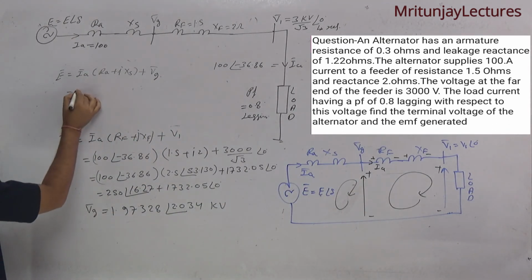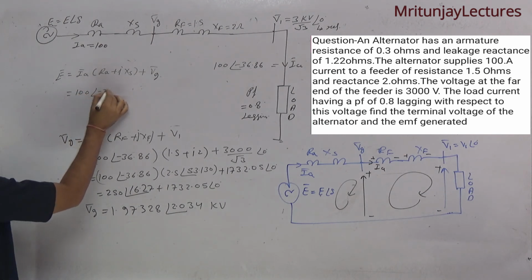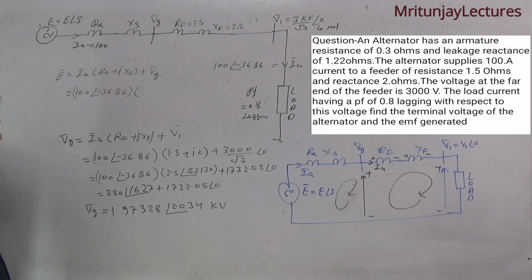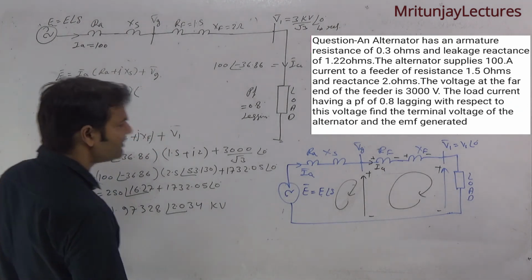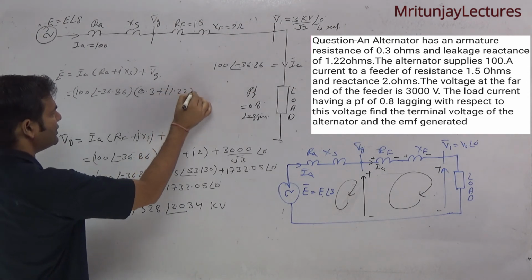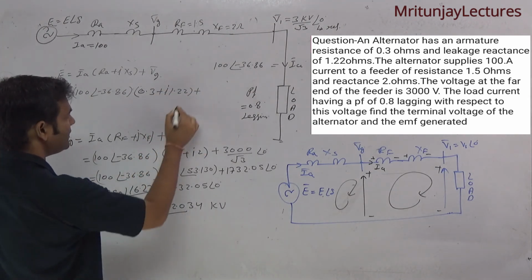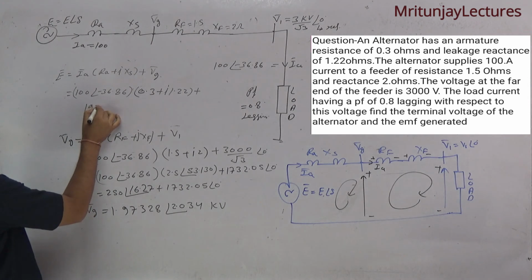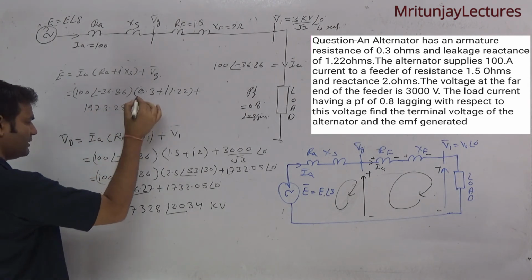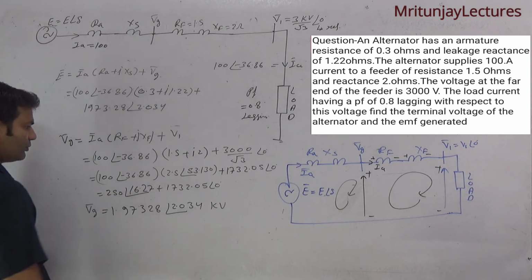So that is 100 at the angle minus 36.86 into 0.3 plus J1.22, plus 1973.28 at the angle 2.034 volt.